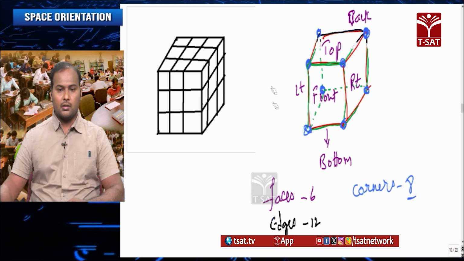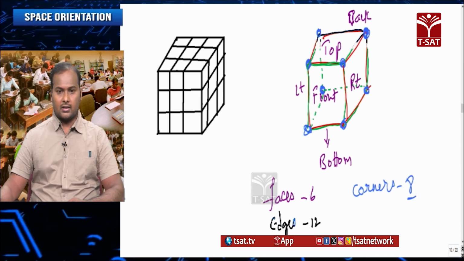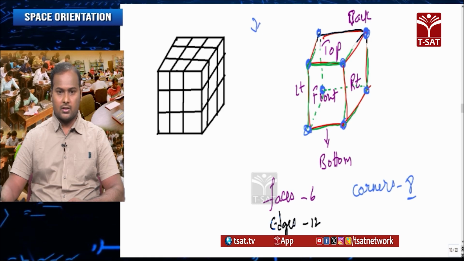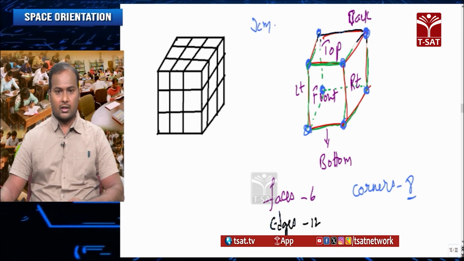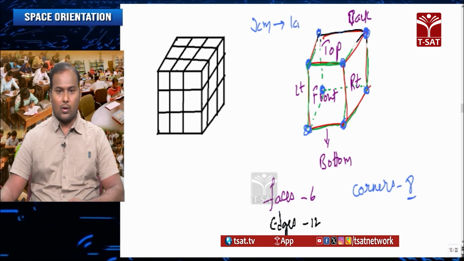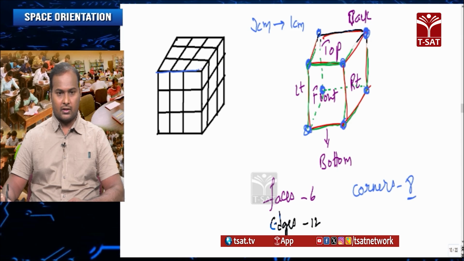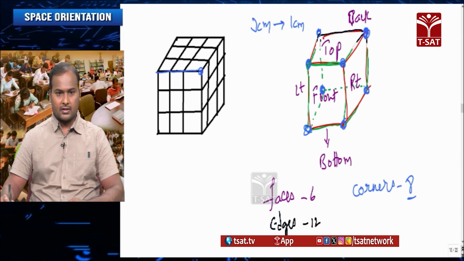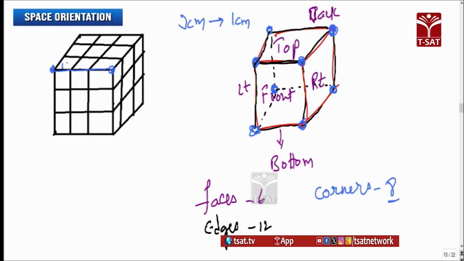So now imagine that if a cube is given and he said that the side of the cube is 3 centimeters and this 3 centimeter cube is cut into size of 1 centimeter. Means imagine this entire cube is 3 centimeters. Now I cut this particular cube into 1 centimeter size.